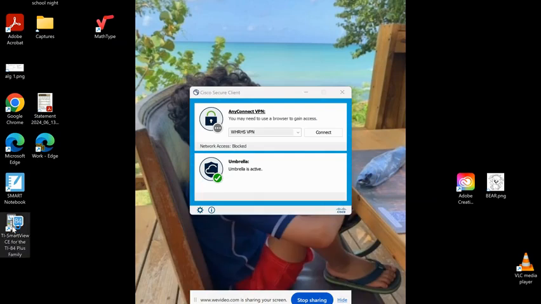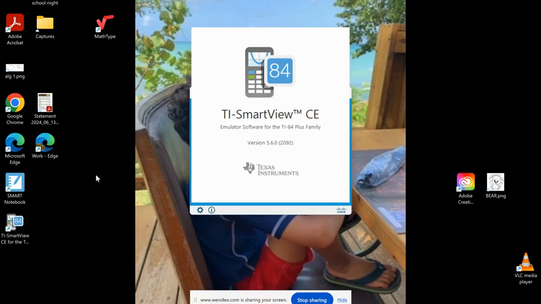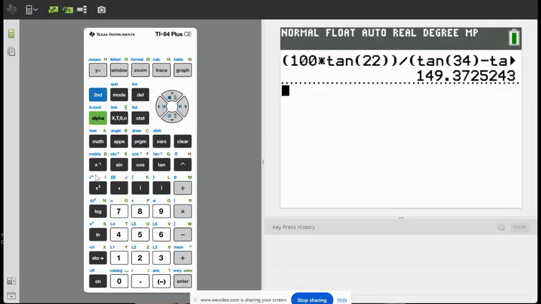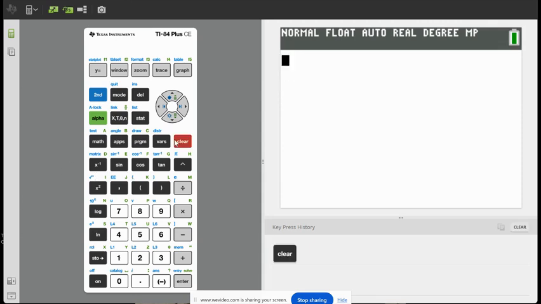So to enter this into the calculator, we're going to do second cosine. That gives us the sine to the negative first power. And then you're going to do 1 divided by sine, what is it, 42.179.